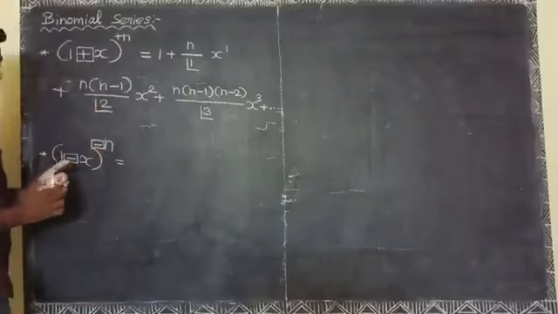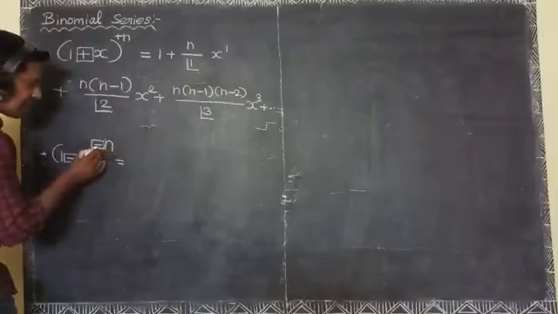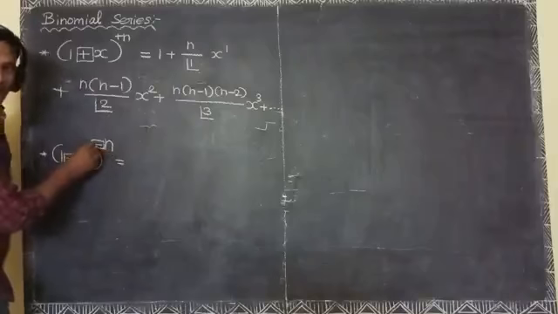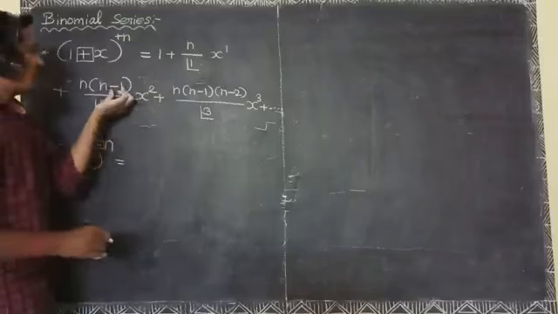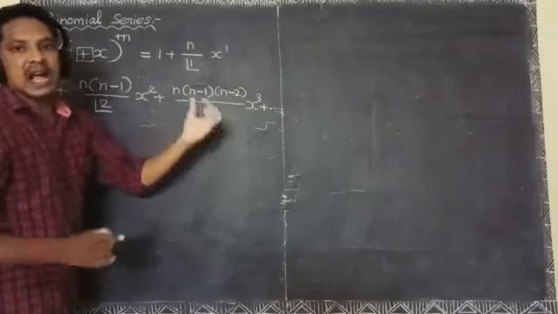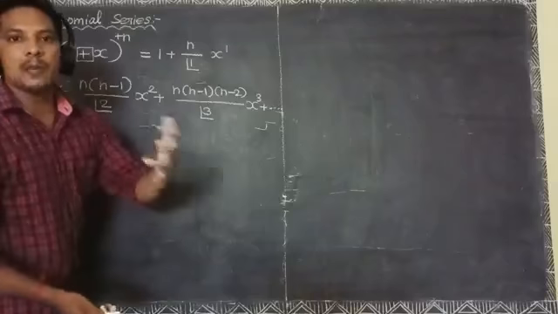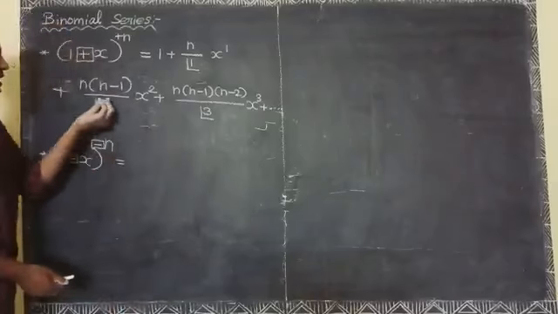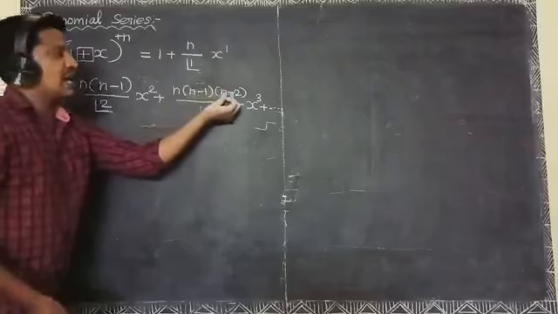Then next, listen. The power n has a negative sign, which means the factor takes the opposite sign, that is minus becomes n plus 1, n plus 2.